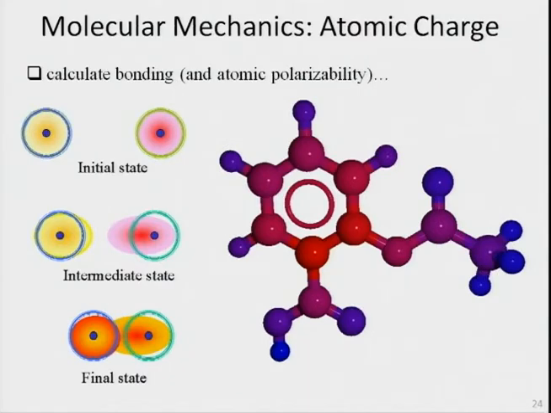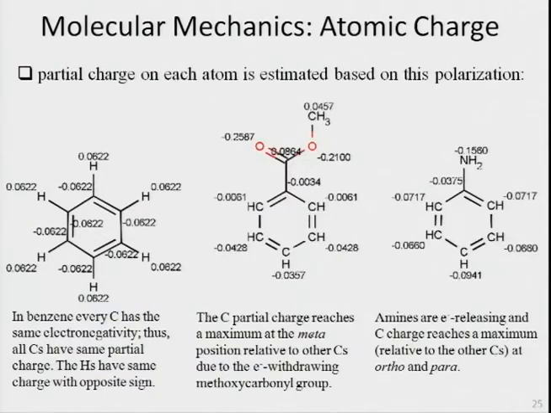The one that is less electronegative gives up its electrons, and so it becomes positively charged. Okay, so what that means is that each atom in a molecule can have a slightly different partial atomic charge.